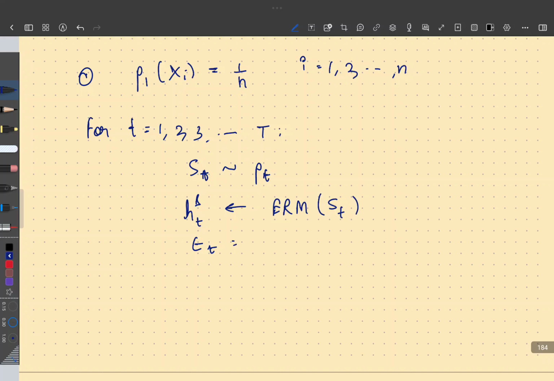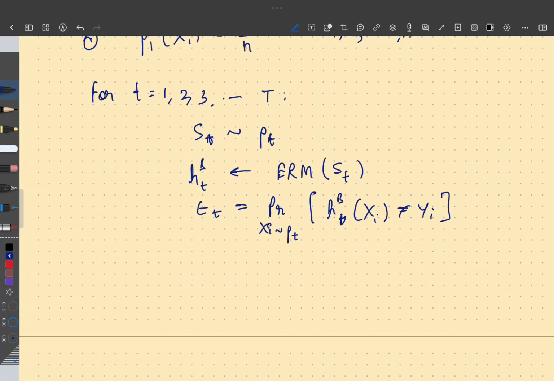So epsilon t is the probability, where xi is distributed according to P_t, of h_t(xi) not equal to yi.